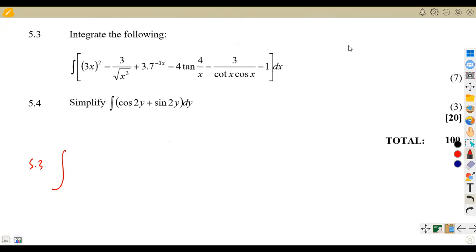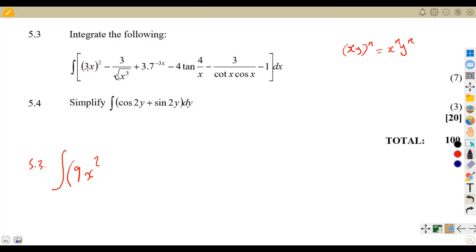So remember from your laws of exponents, if you are given let's just say this is xy to the exponent of n, this is going to be x to the exponent of n, y to the exponent of n. So the exponent affects everything inside the bracket. So it's 3 to the exponent of 2, which is 9x squared. So take note, we are just rewriting this. We are not integrating for now. We are just rewriting everything in a way that we can integrate.